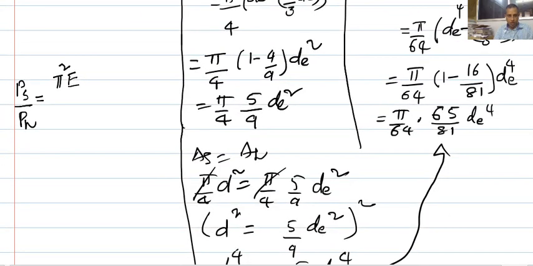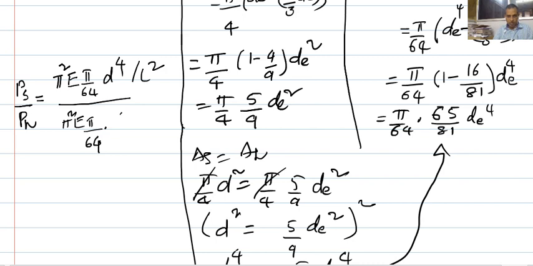Pi by 64 d power 4, whole divided by L square, which is anyway there, right. Pi square E I is nothing but pi by 64 times, for the hollow, 65 by 81 d power 4 by L square. Okay.